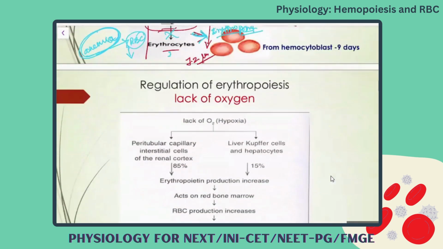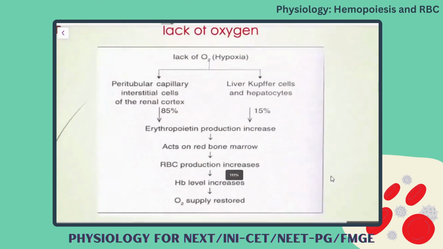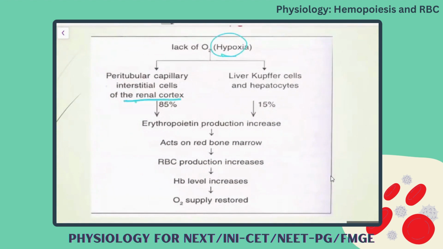That is what given over here. Lack of oxygen, hypoxia. Okay, because the renal cortex, it is the one which is taking part a major role. And the liver Kupffer cells, hepatocytes, it is also involved in compensating this. The erythropoietin production increases.